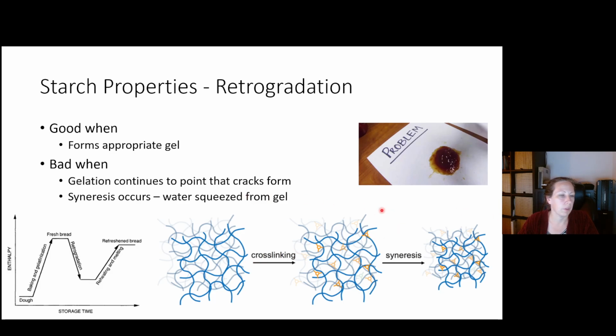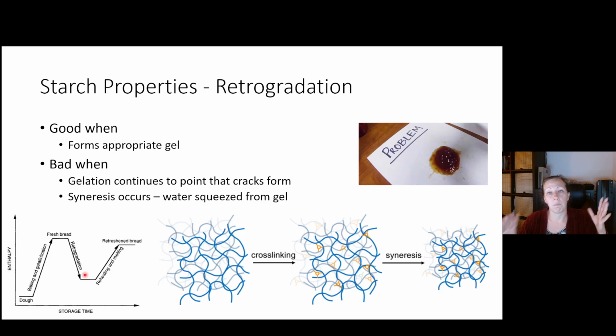So for examples, this one here. You have dough, you have gelatinization as you're baking it, you have fresh bread, and over time you have retrogradation.